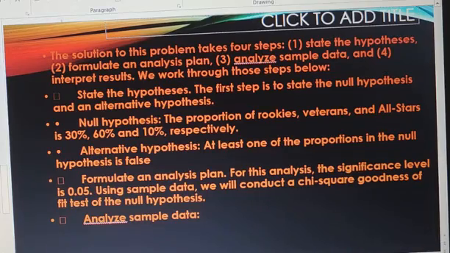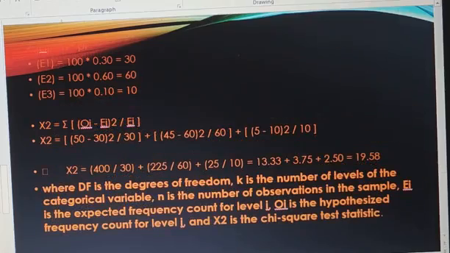Formulate an analysis plan. For this analysis, the significance level is 0.05. Using sample data, we will conduct a chi-square goodness of fit test of the null hypothesis. Analyze sample data.